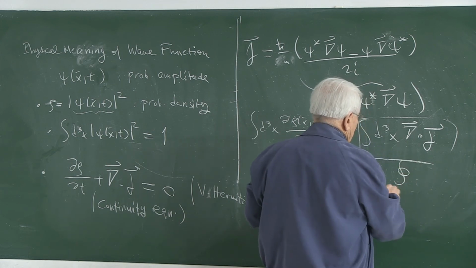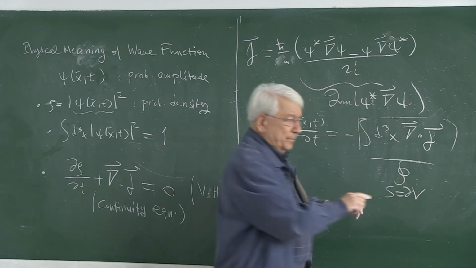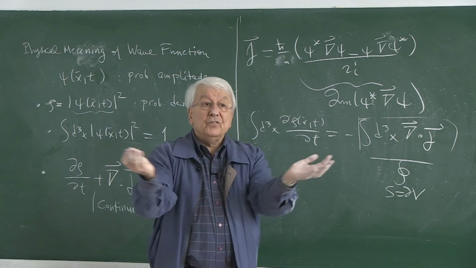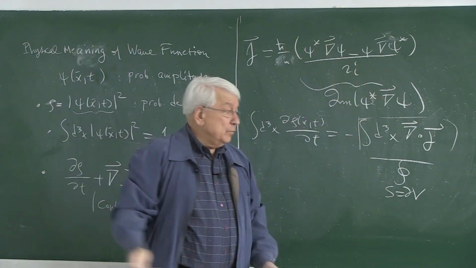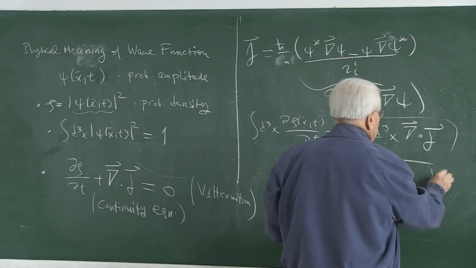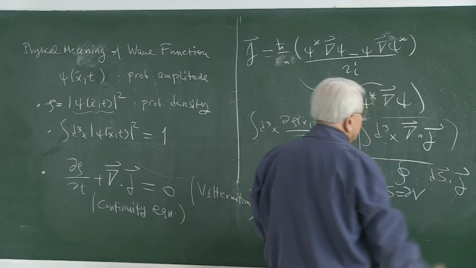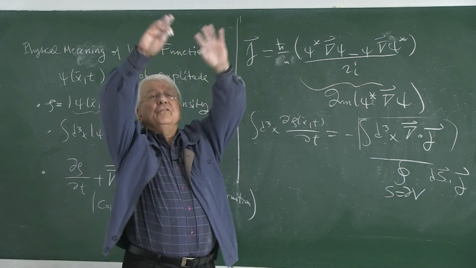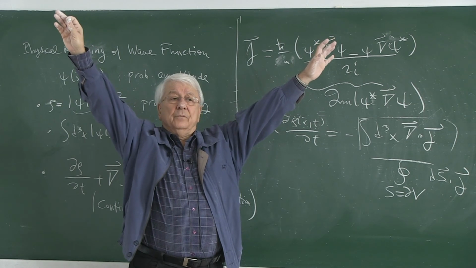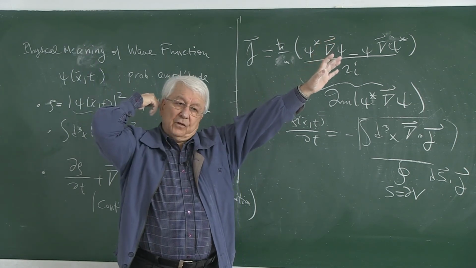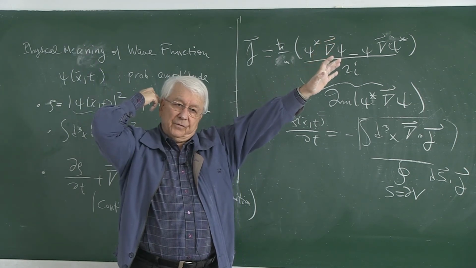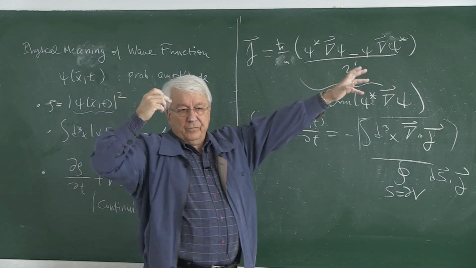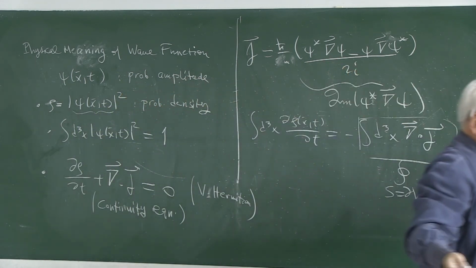That surface is the boundary of the volume. If it is the entire space, it is the surface at infinity, dS dot J. That surface grows like r squared. It's the spherical surface in 3 dimensions, a two-sphere.